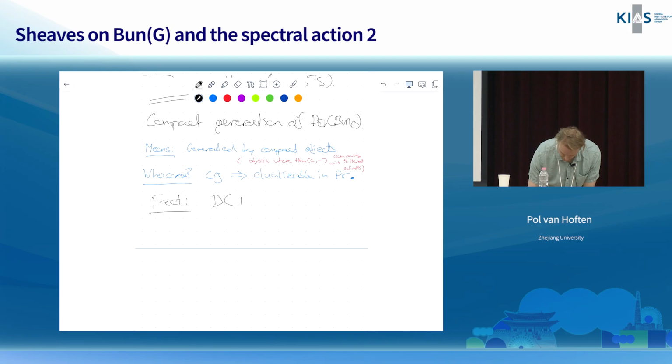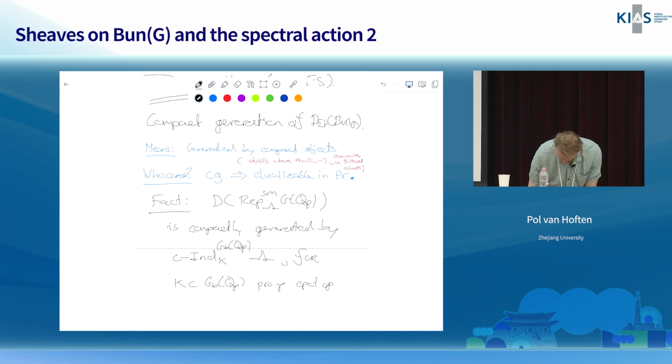If I look at the derived category of smooth representations of G(Q_p) on lambda modules, this is compactly generated by these objects, compact induction from K to G(Q_p) of the trivial representation of K, for K in G(Q_p) pro-p compact open.